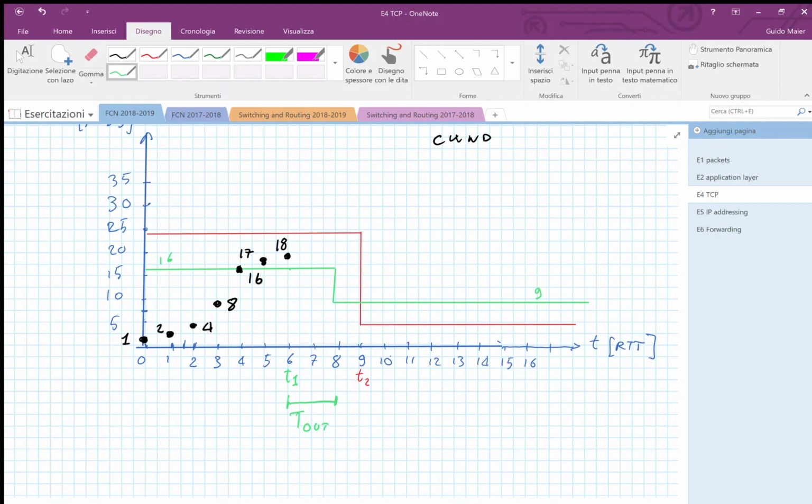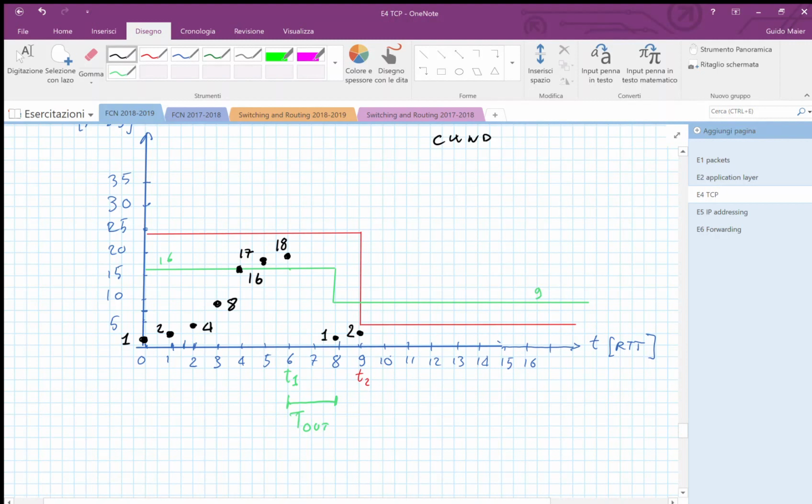What happens to the congestion window? Congestion window is reset to 1. So here, at this time, we send another segment. Then we are again in the slow start mode. So the next time it will be 2 segments.